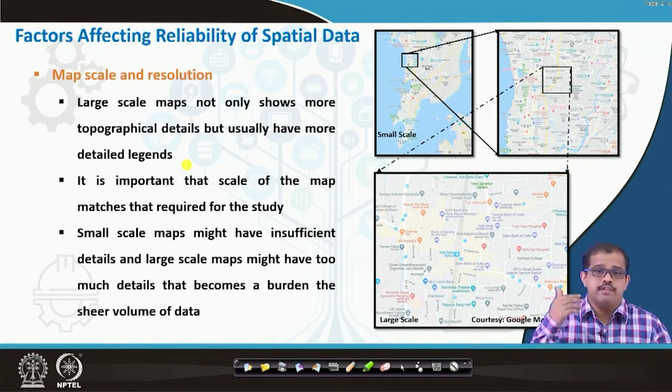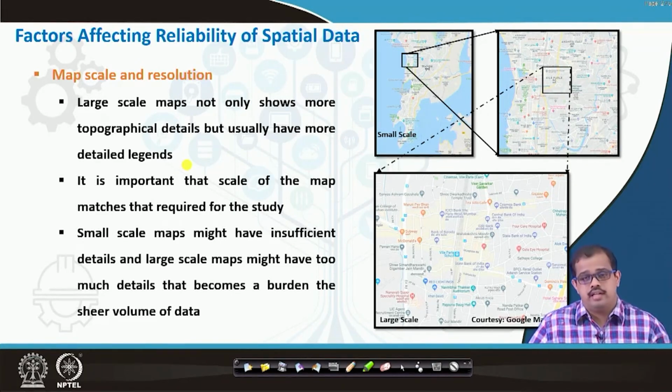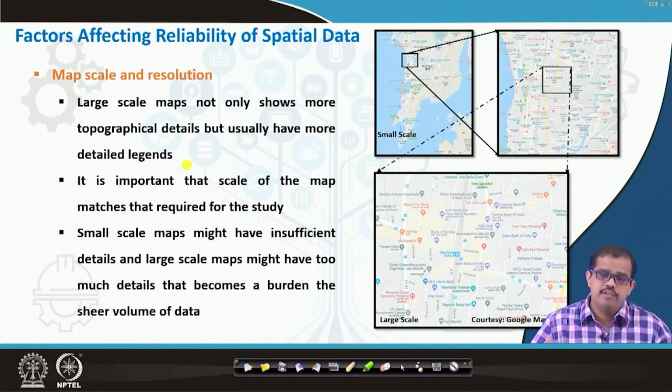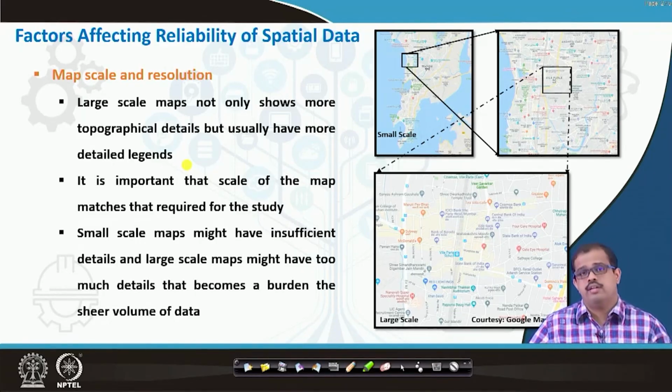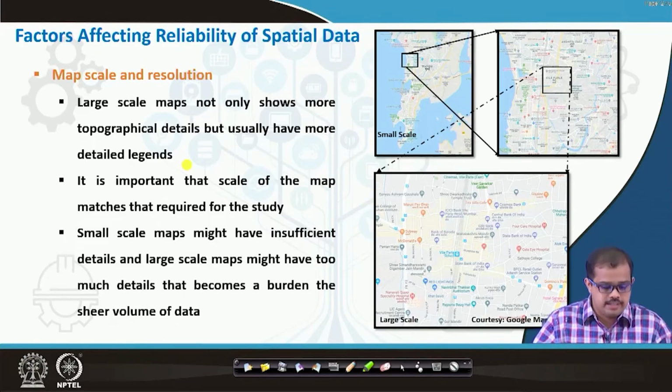Instead, if we use certain ways of generating this information, wherein you are using maybe 1:50,000 maps, then it can be extremely useful in terms of mapping the entire India and extracting its details.